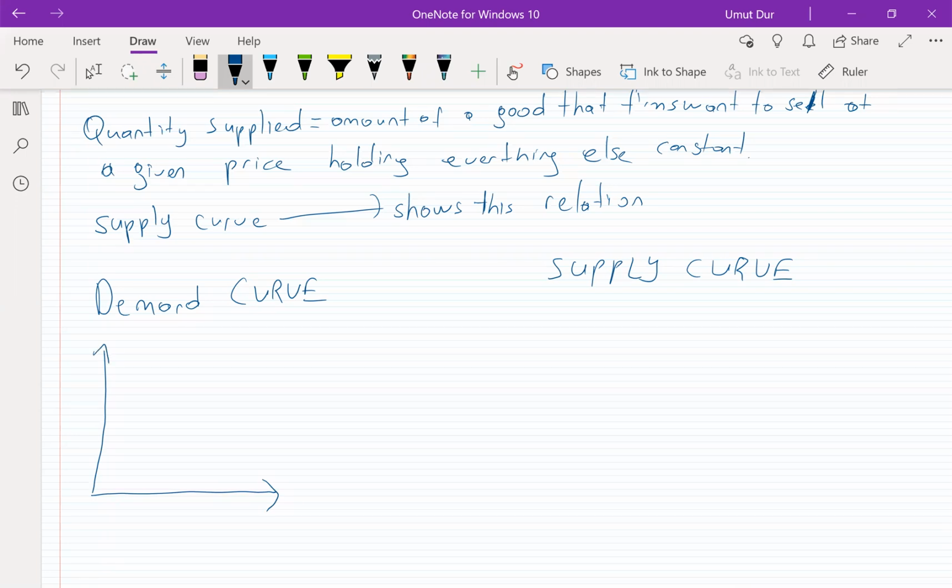Here the x-axis is the quantity demanded, the y-axis is the price. And the usual shape of this demand curve is basically a downward sloping linear line. Okay, so this is the demand curve.